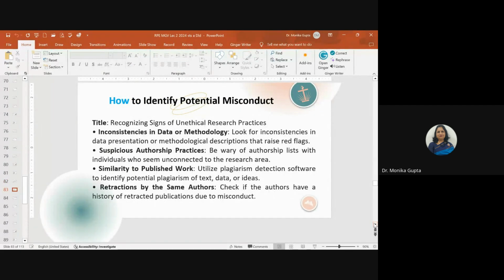Then, how to identify potential misconduct? So, there are certain signs that you need to recognize, like inconsistency in data or methodology, suspicious authorship practices, similarity to published work, and we can utilize plagiarism detection software.